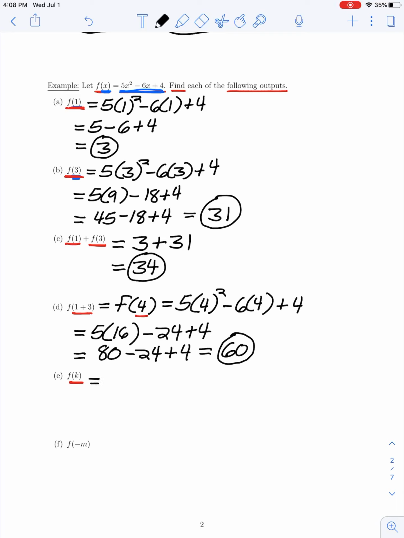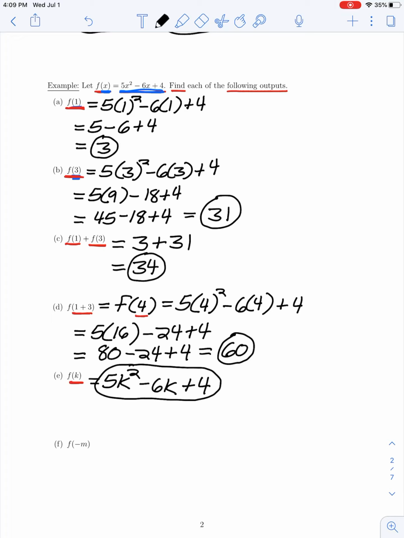So that would give us 5 times k squared minus 6 times k plus 4. So we would have the exact expression for f of x, but with x replaced by k.